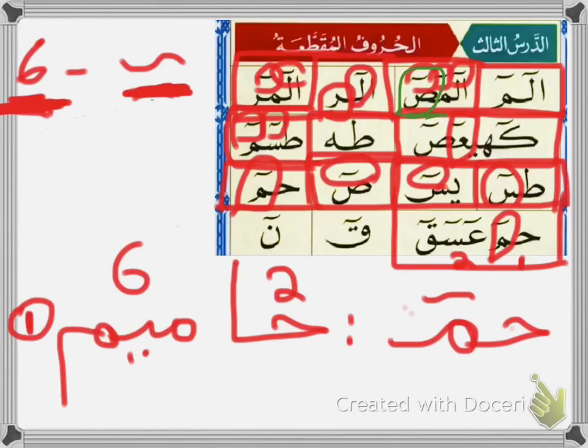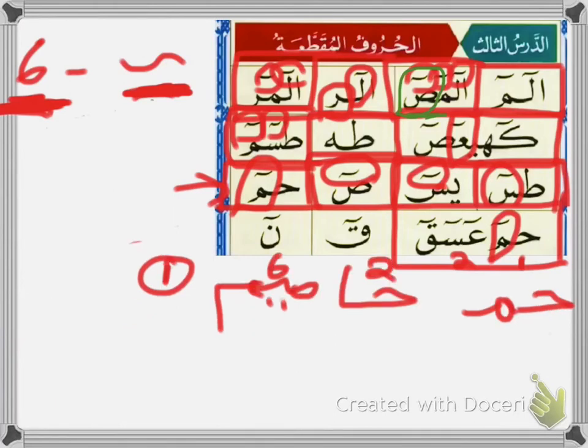How do we read that? We say Ha, Mim, just like this one. We just did it. Ha Mim. Then we pause. The second ayah is Ayn, Sin, and Qaf. I forgot to put this.